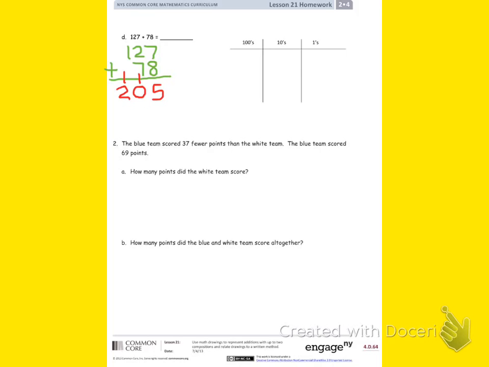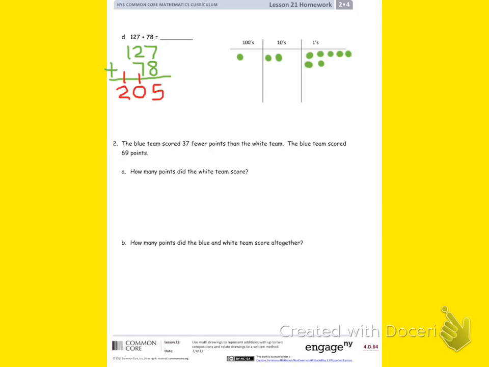Now I will go ahead and use the math drawing to represent the problem. 127 has 7 ones. 1, 2, 3, 4, 5, 6, 7. I remembered only 5 goes in a row. 127 has 2 tens and 1 group of 100.